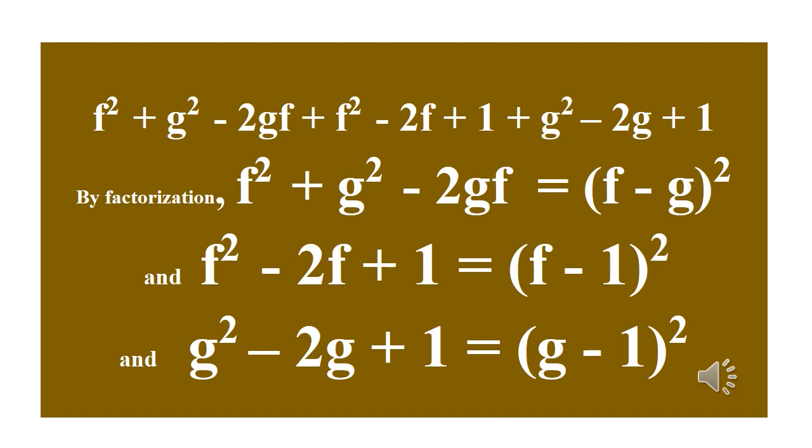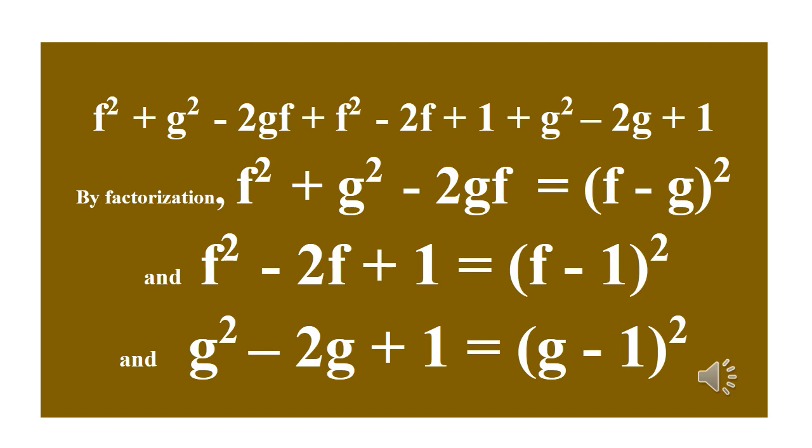Now, since we have f squared plus g squared minus 2gf, the first equation, then f squared minus 2f plus 1, the second equation, then g squared minus 2g plus 1, the third equation. Then by factorization, if you factorize f squared plus g squared minus 2gf, it will give us f minus g into bracket squared.